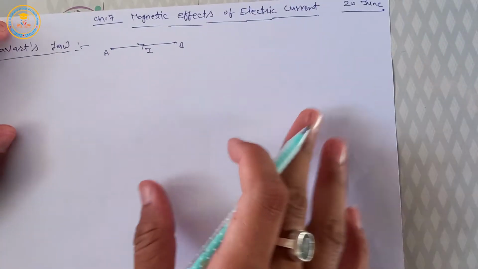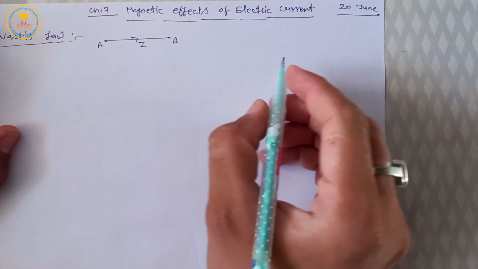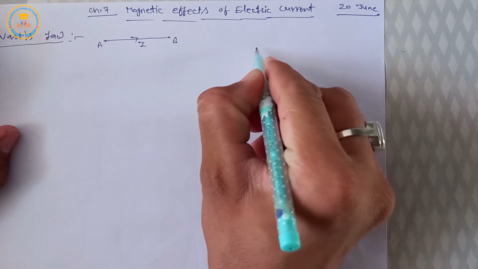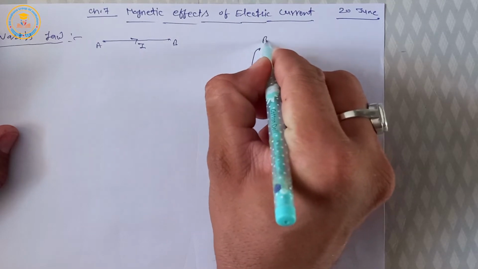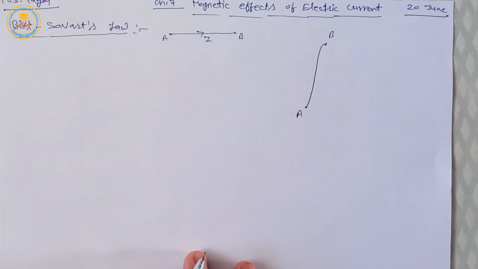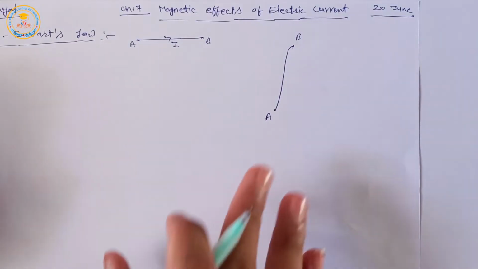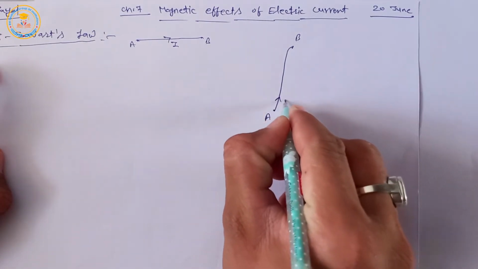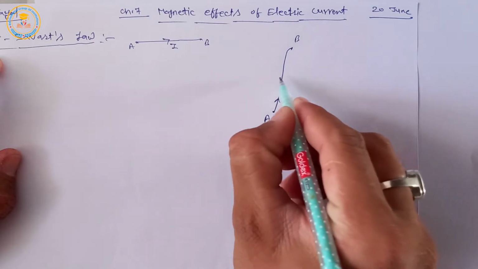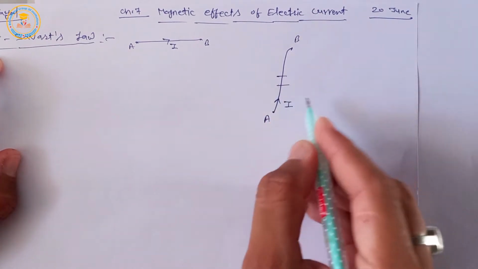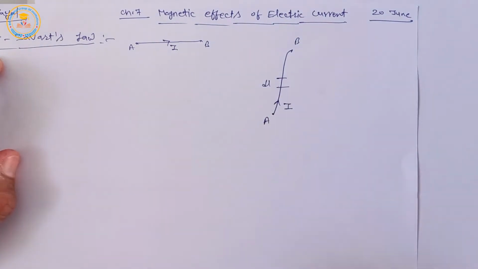To explain this Biot-Savart law, we suppose a current carrying wire AB, and the current flowing through this wire is capital I. Now we take a small line element of this wire, which is dl.